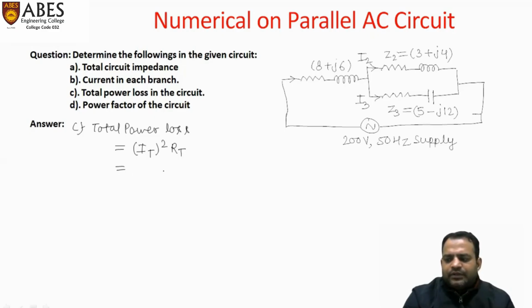So I total 12.72 square into RT, 12.937. So after multiplying this, it is 2093.18 watt.